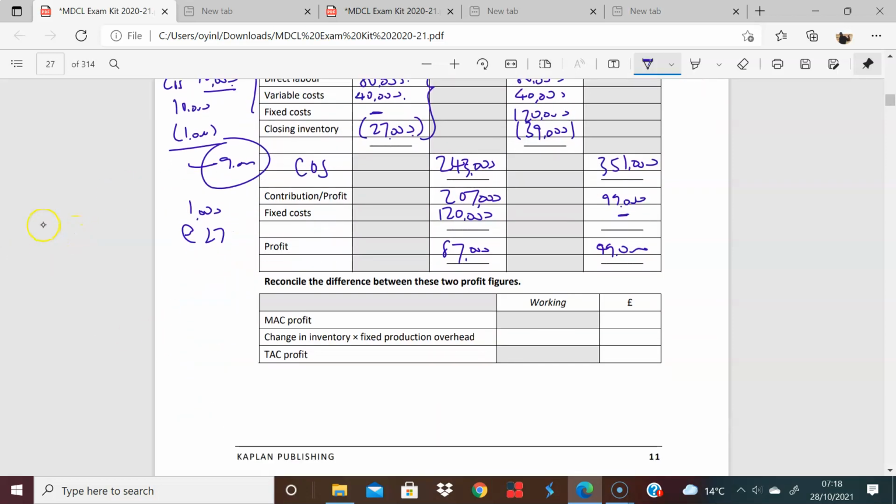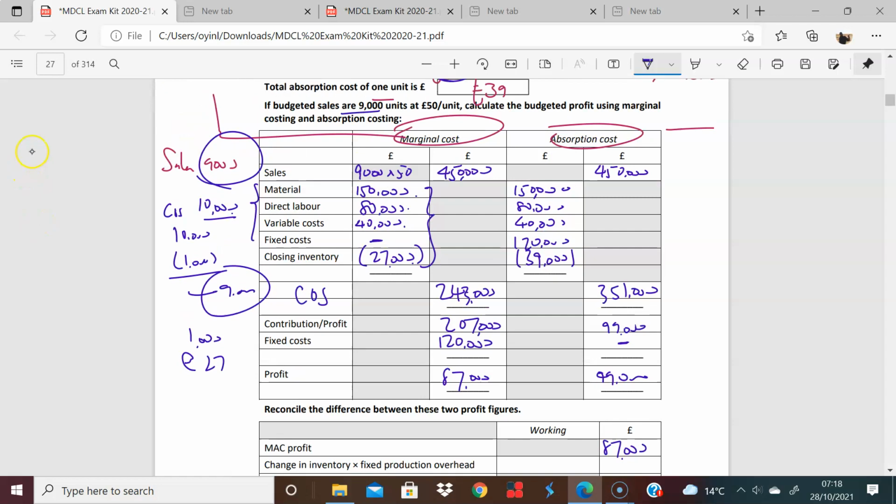Then they ask us to reconcile the difference. So your marginal costing profit is 87,000, right? And really, the reason why we have this difference is because of the inventory in absorption costing. All of this fixed cost is charged in this period, all of it.